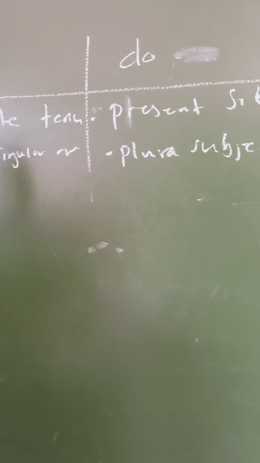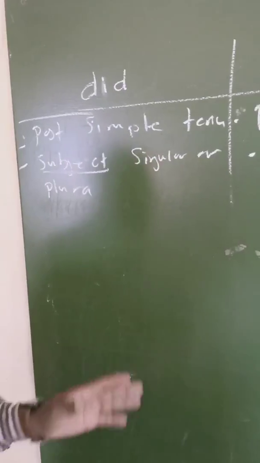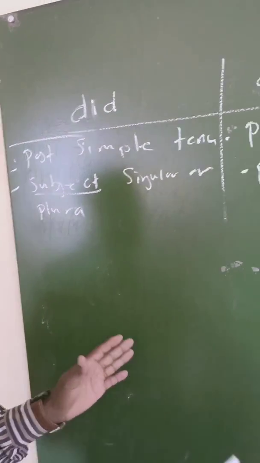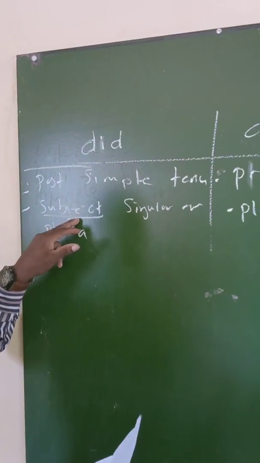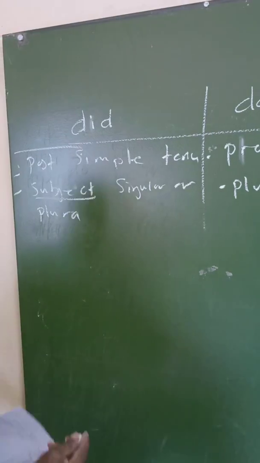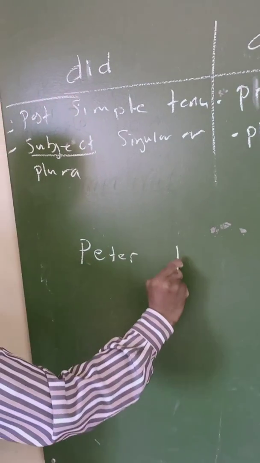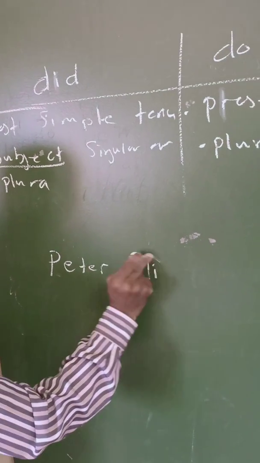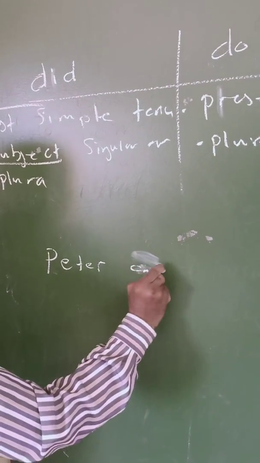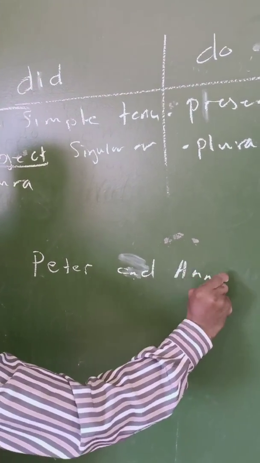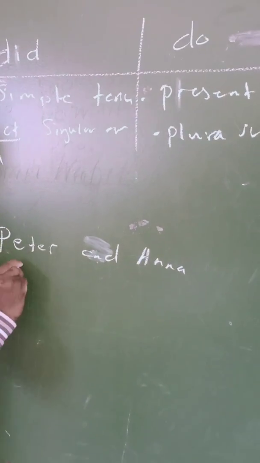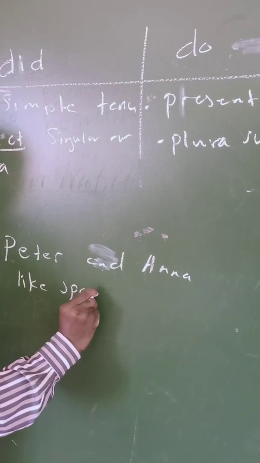All right. Now, first of all, I want you to understand the subject. For example, in this case, Peter and Anna like sports.